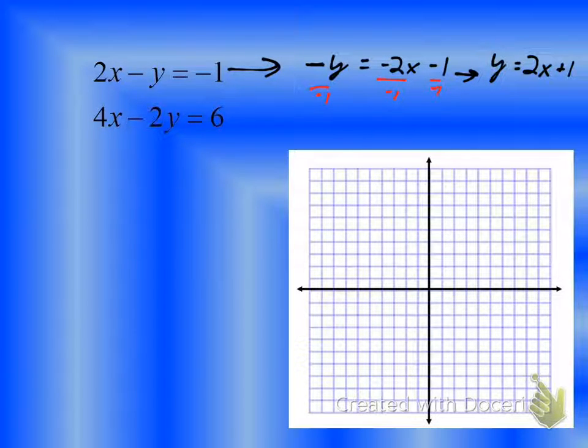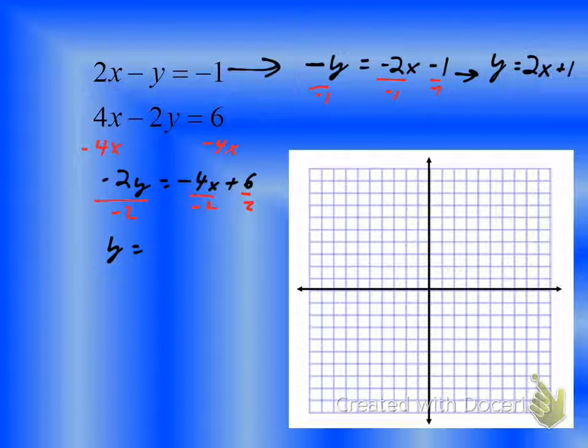All right. Okay, so for the second line, what's your first step to solve it? Subtract 4x. So you get -2y equals -4x plus 6. And then divide by -2 all throughout.